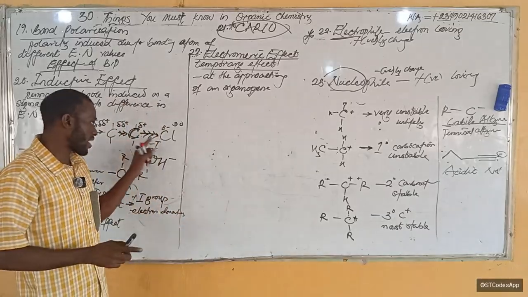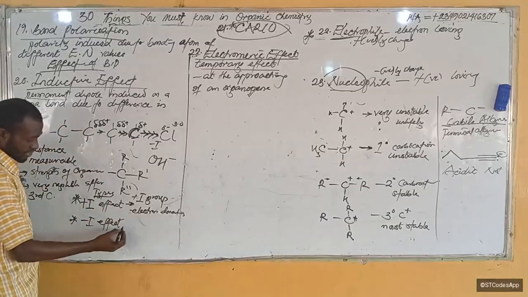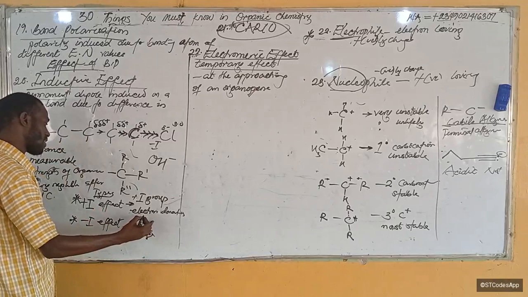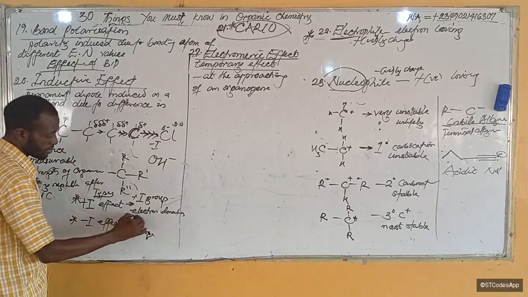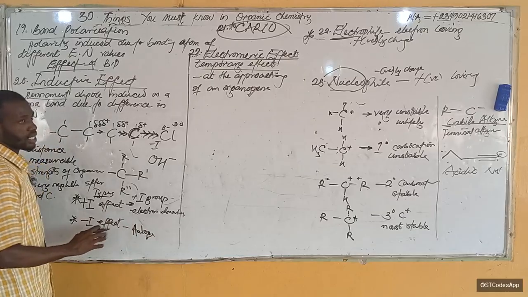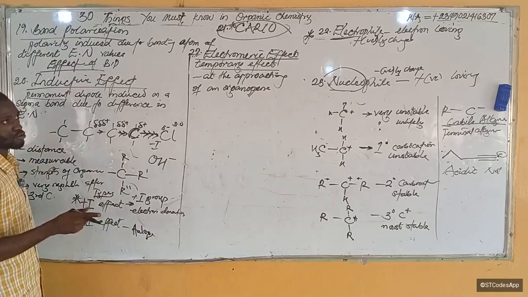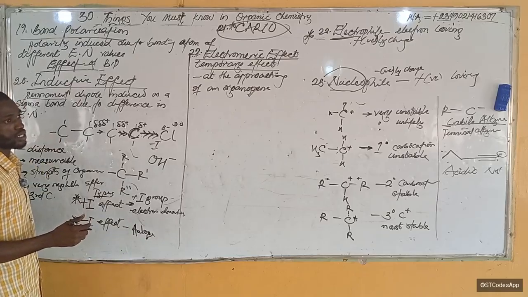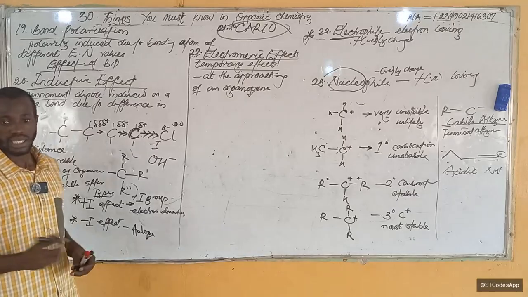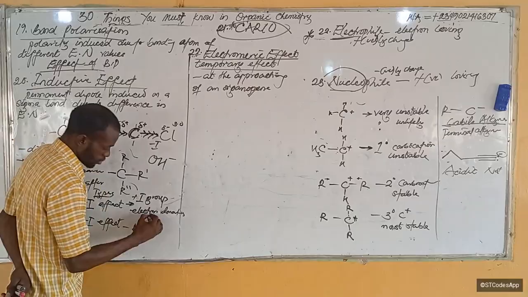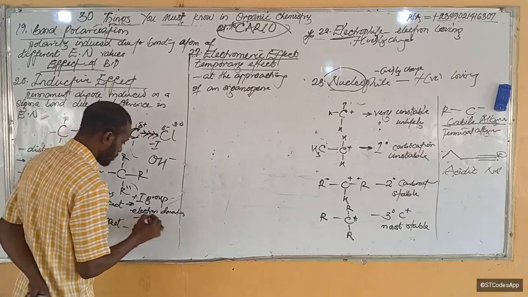While negative I groups, like chlorine, are halogens. Plus I groups are like amine. Amine gives, so amine is going to be a plus I group.